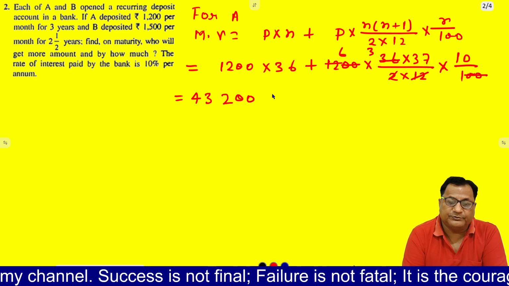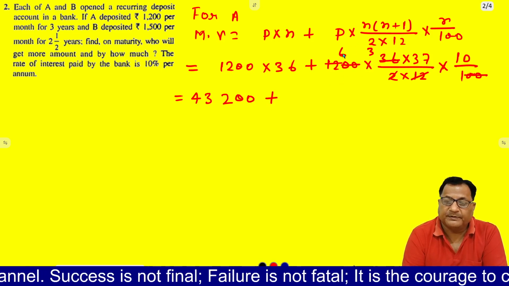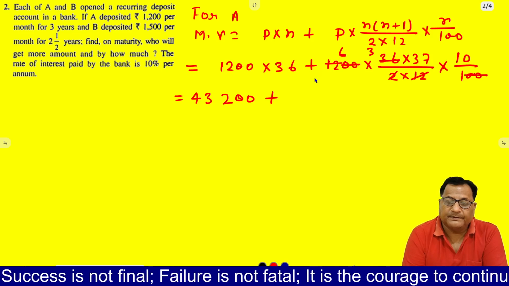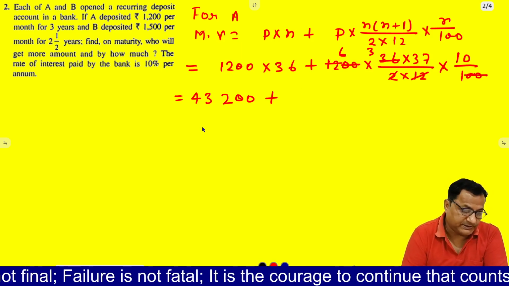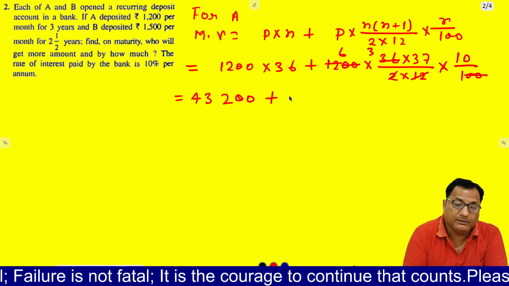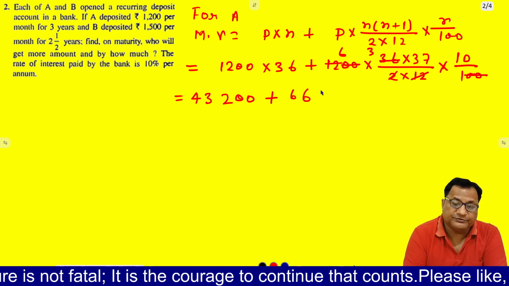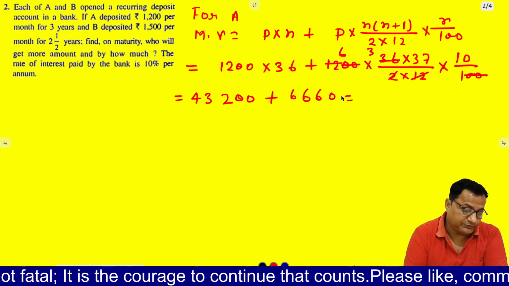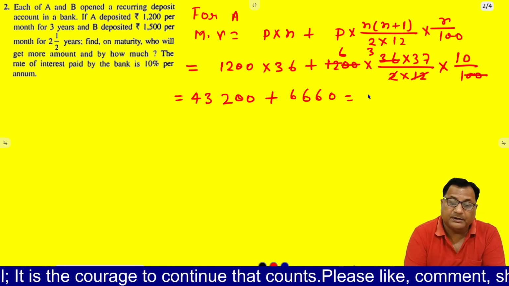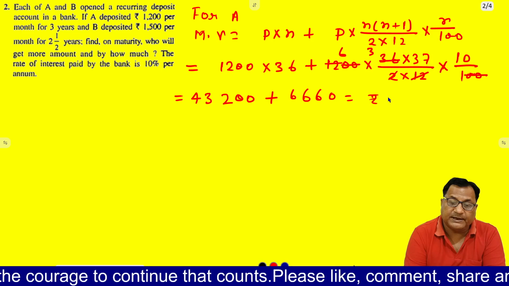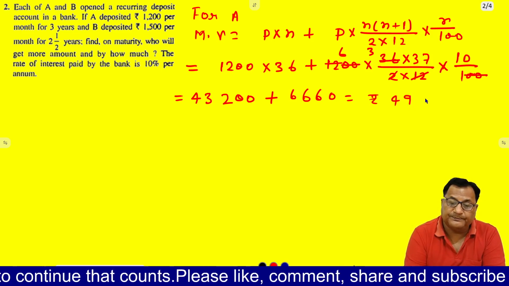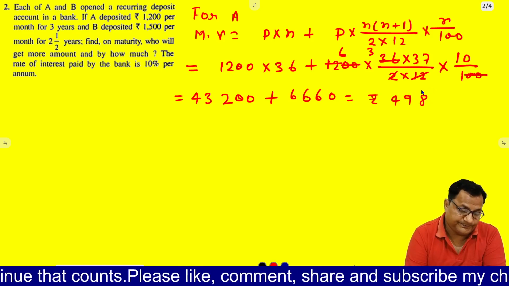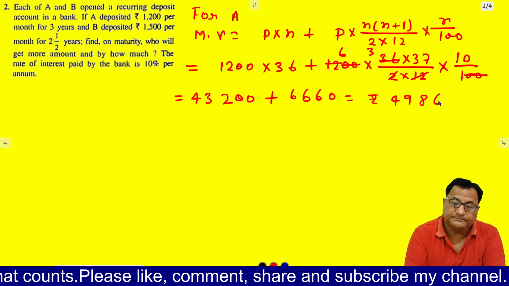This 0 plus, if you multiply this, then we will get 6660 rupees. We'll add this, then it will be 49,860.